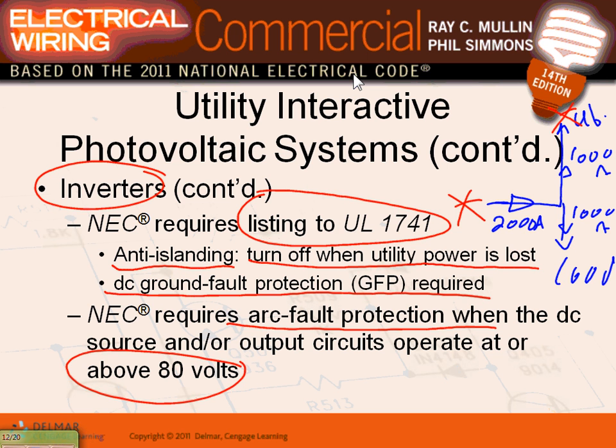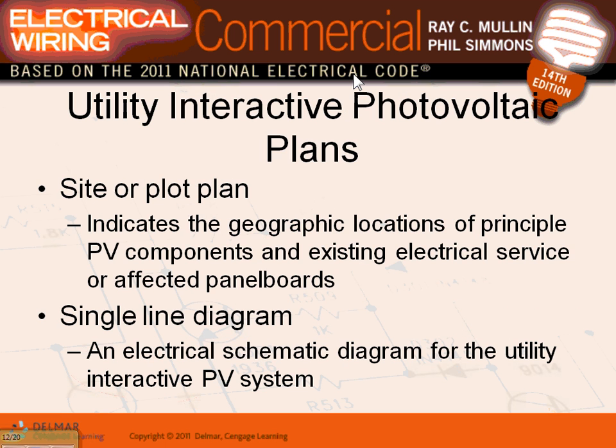Remember, we have 600 volt DC. So if it starts arcing, you can create a fire. If it arcs, the inverter should be able to sense that there's an arc in the system and isolate the inverter, isolate the whole system. Any questions, guys, about this requirement? Almost everything that you buy interactive has to meet these rules. So ground fault protection and arc fault protection.